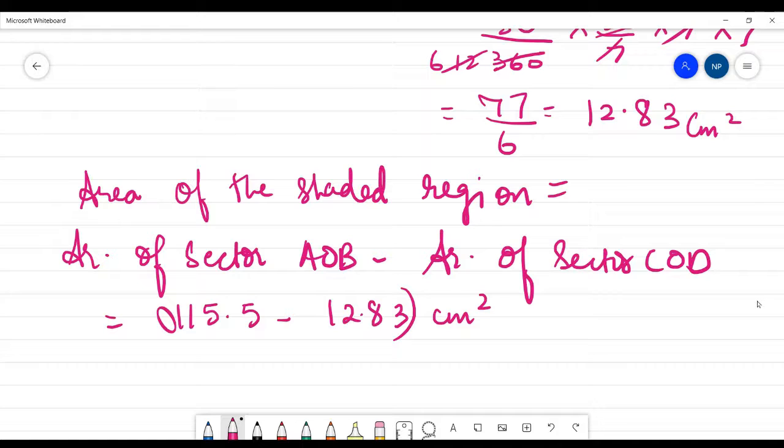Remember, children, always to put the units in centimeter square or meter square, whatever the unit is given. So on subtracting 115.5 by 12.83, you will get the answer as 102.67 centimeter square. This completes the question number 14.